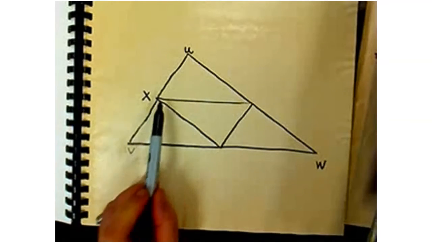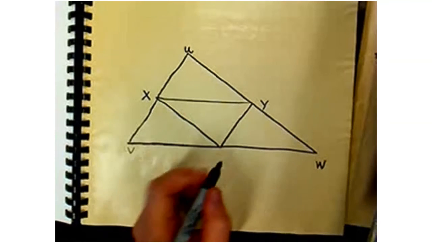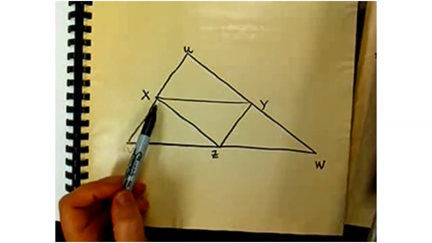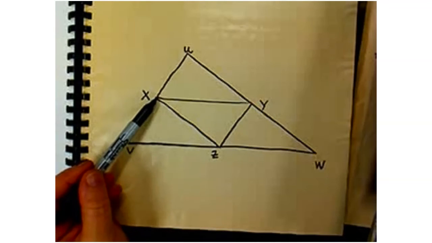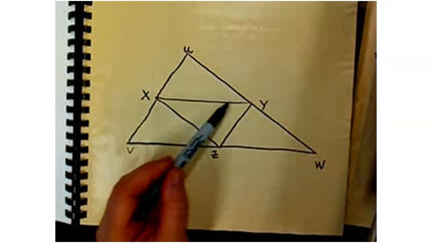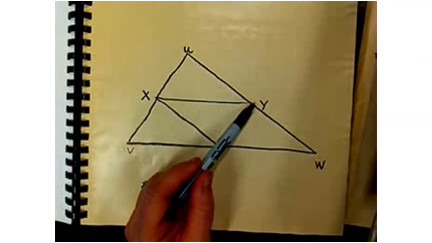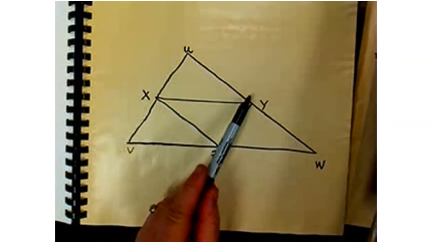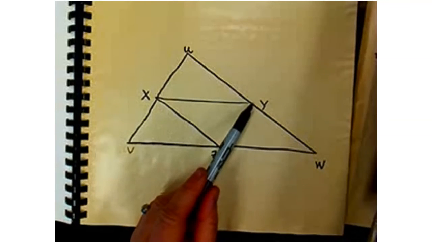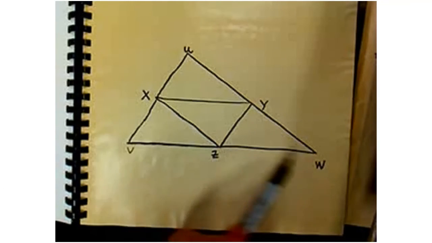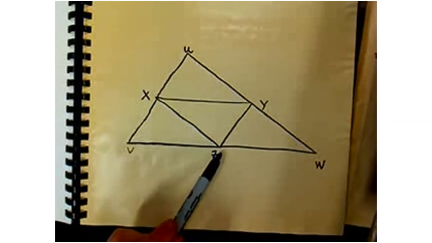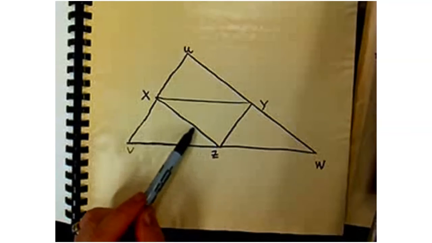And they connect at X, Y, and Z. So X is on the far left, between U and V. And you go straight across, following that line straight across to Y on side UW. And then from Y, you go down at an angle, like from 2 o'clock to 8 o'clock or so, or 1 o'clock to 7 o'clock. You hit Z between V and W at the bottom. Then you go back up, follow that back up to X.